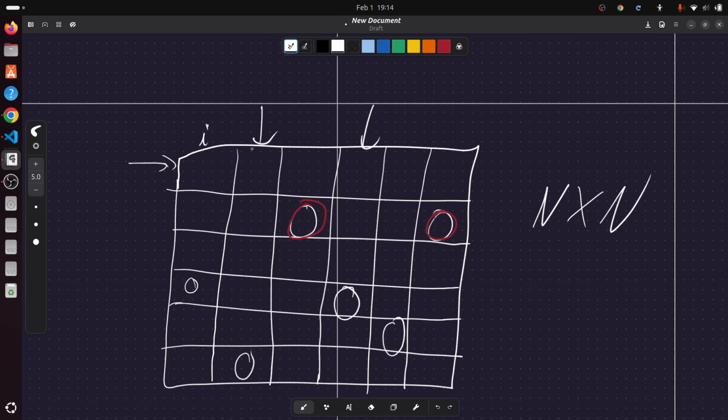Let's say for this column, this coin is in the last row, and since we determined that we will never move this coin upwards, of course this coin has to move until here. Okay, so you will move this coin here.